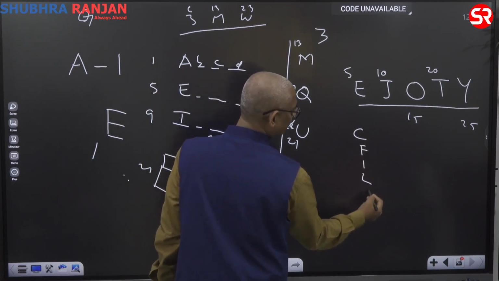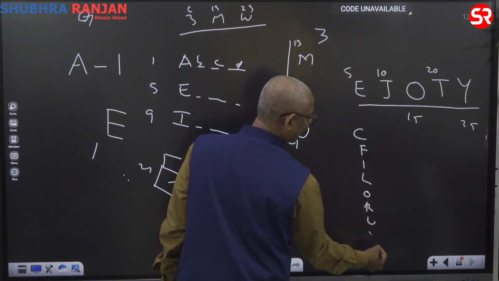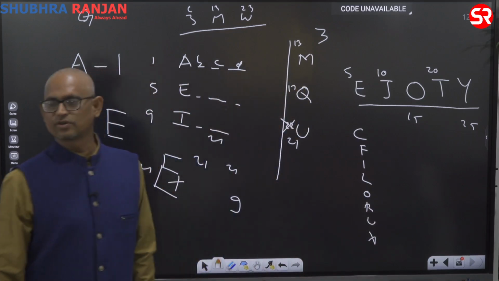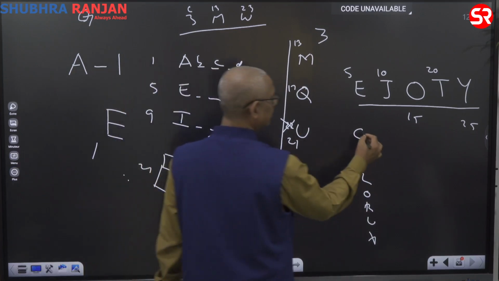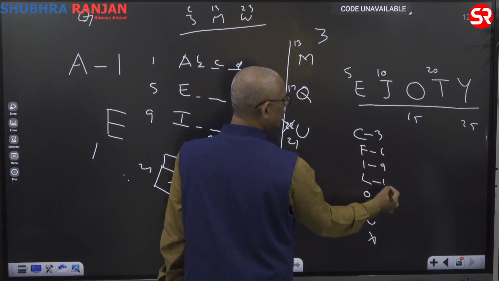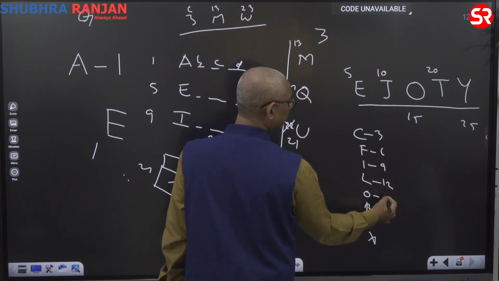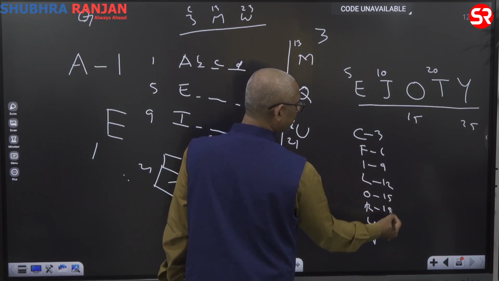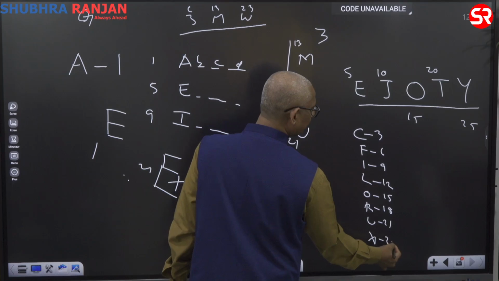Remember this name. What is 3 ones? 3 ones, 3 twos, 3 threes, 3 fours, 3 fives, 3 6, 3 7, 3 8s.